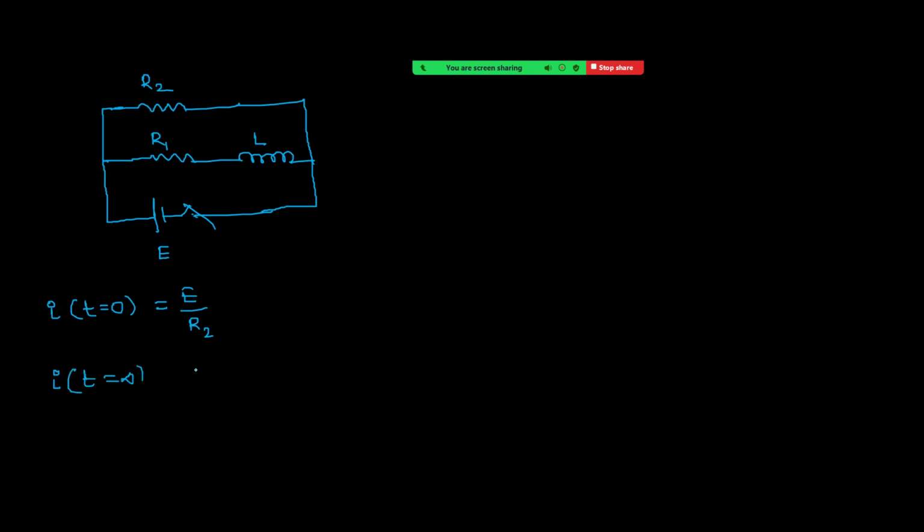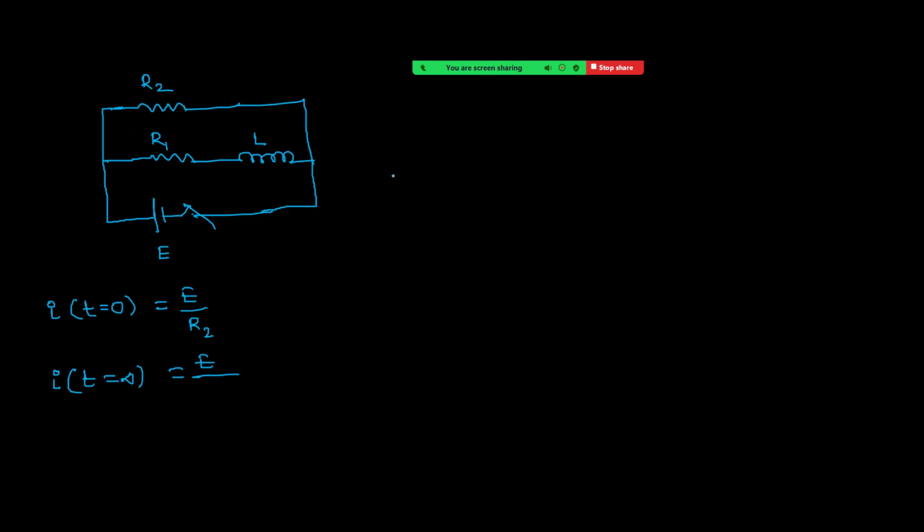after a long time, we discussed that the current will be constant. Once the current is constant, the inductor is just like a conducting wire. That means R1 and R2 are now in parallel combination. Therefore, the current is now E by the effective value.